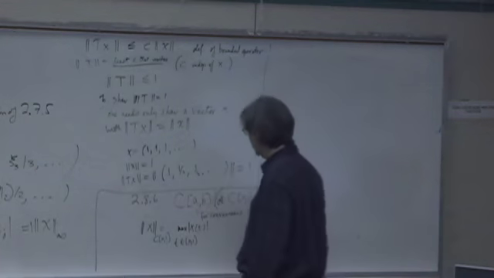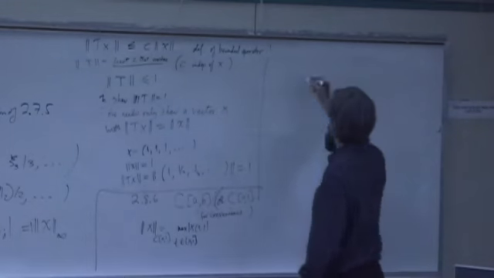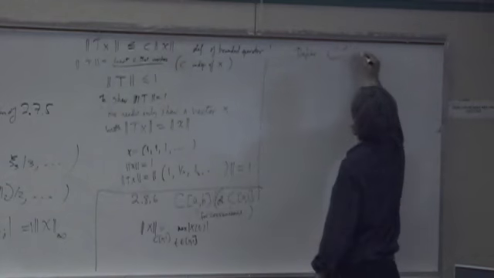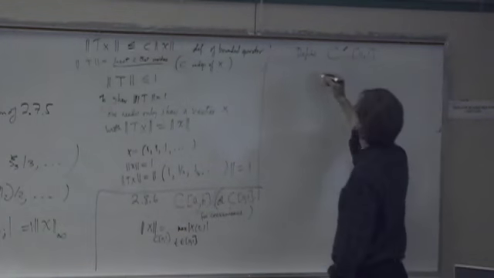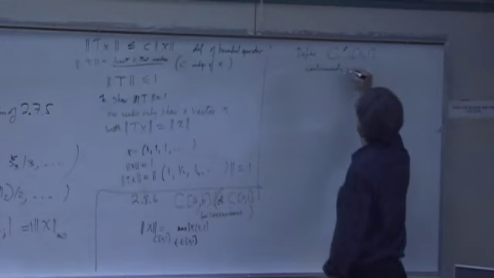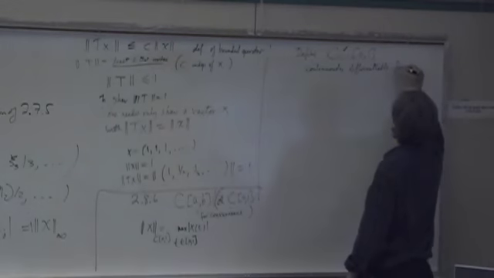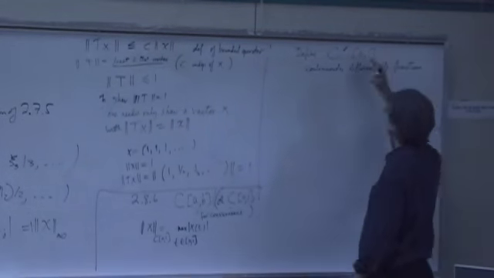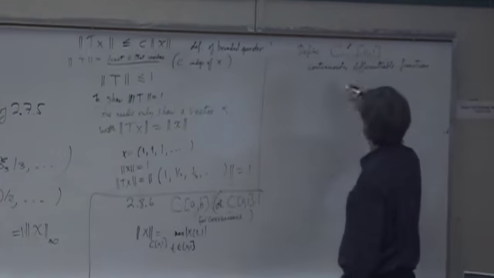Now we're going to define another space, C'[0,1], which is continuously differentiable functions, which is a smaller space than C[a,b], but we're not going to put the same norm.